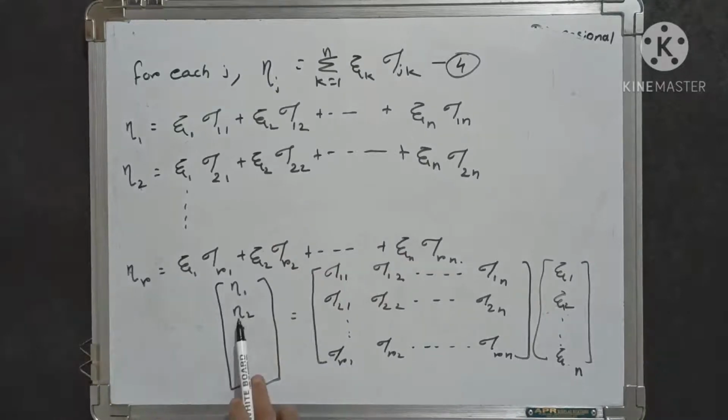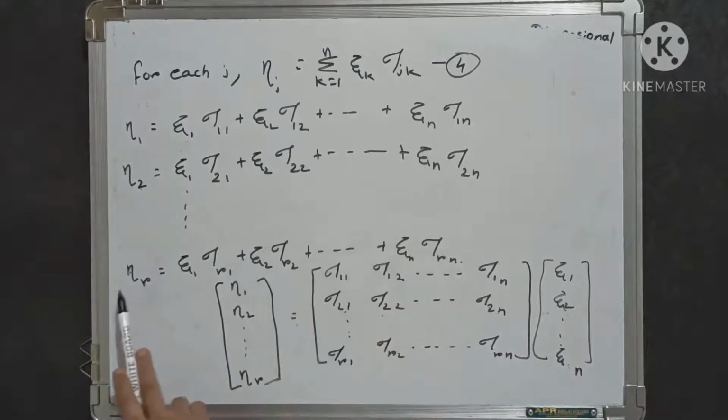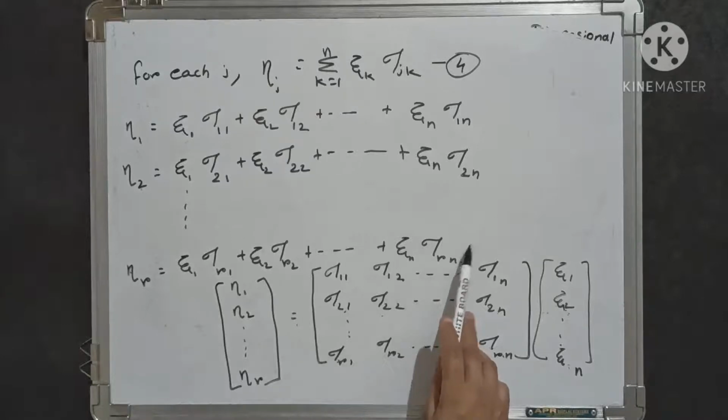Eta 2 equals tau 21 into xi 1 plus tau 22 into xi 2 up to plus tau 2n into xi n. That is our second equation. In the same way, eta r equals tau r1 into xi 1 plus tau r2 into xi 2 up to plus tau rn into xi n. That is the last equation.